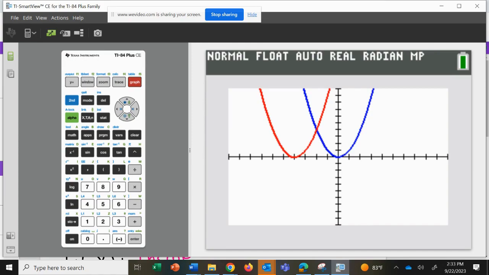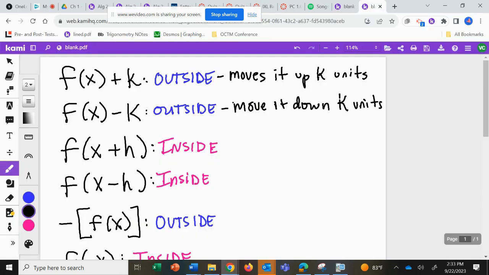If you didn't have something written down like moves to the left, that's what we want to write now. It's going to move to the left, and this time I used an H, units.